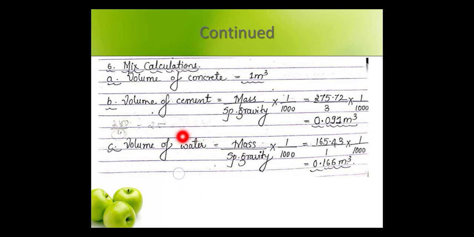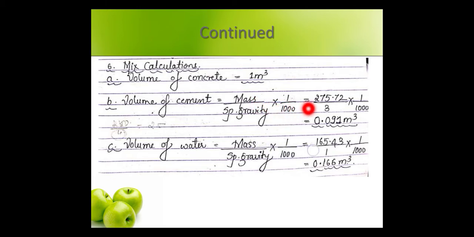Next one is mix design calculation. So for 1 meter cube of concrete, how much volume of cement is required, how much volume of water is required, separately you need to calculate. Now for 1 meter cube volume of concrete, calculate the volume of cement. Already mass we have, specific gravity also we have, divided by 1000.